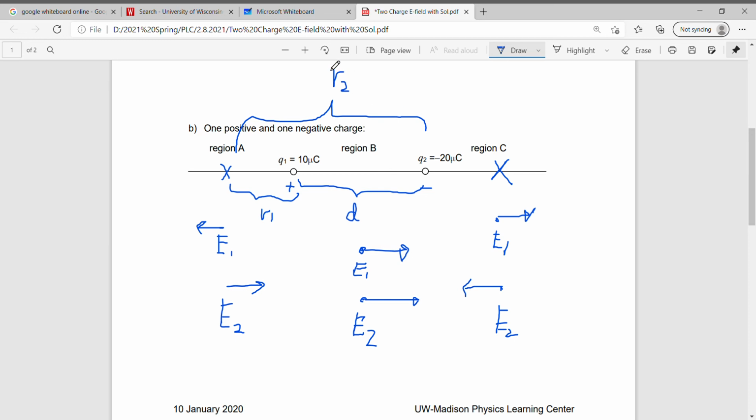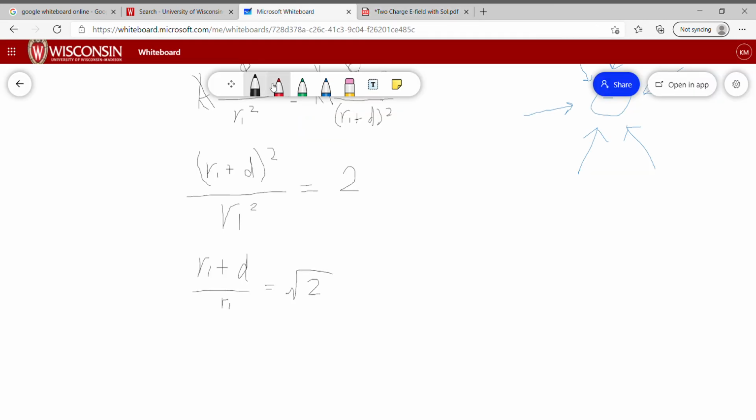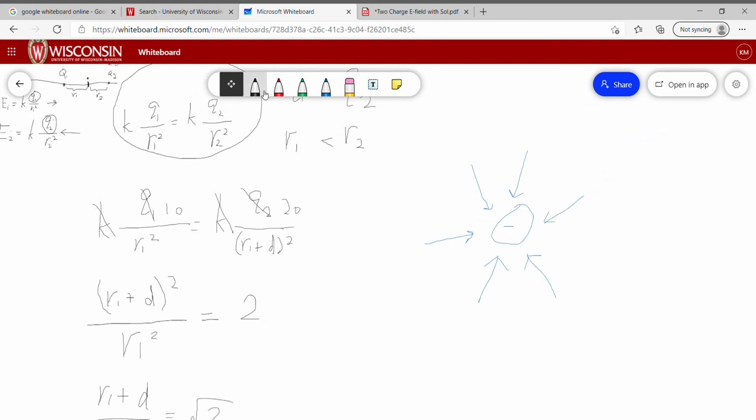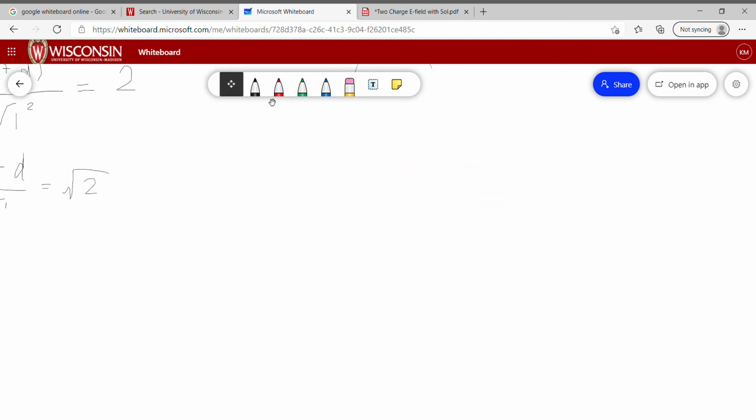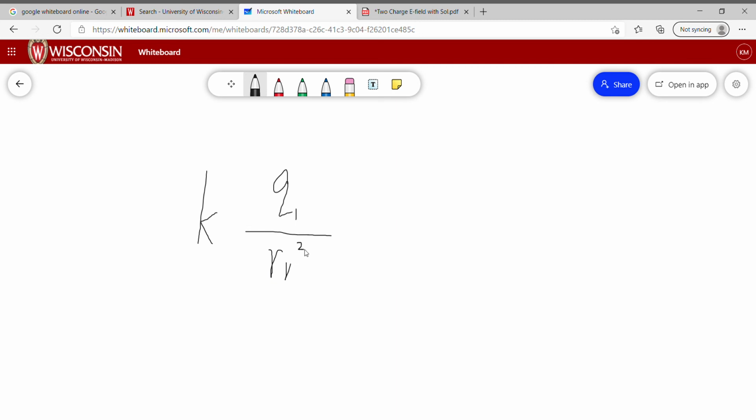Now we have a different situation. It's still this equation; let me rewrite it. It's still K times Q1 over R1 squared equals K times Q2 over R2 squared.